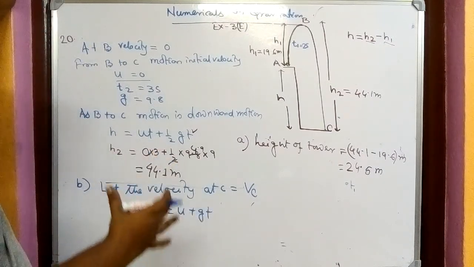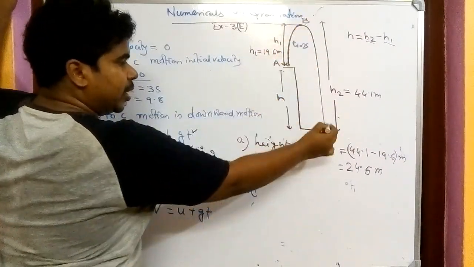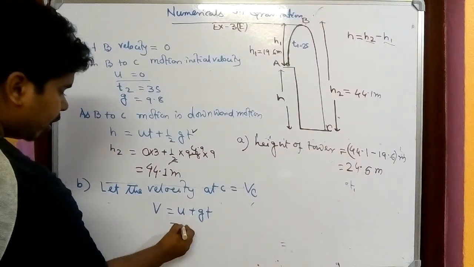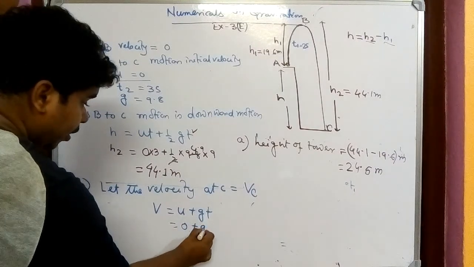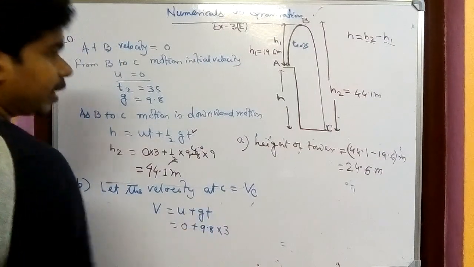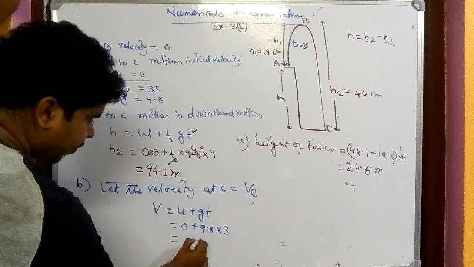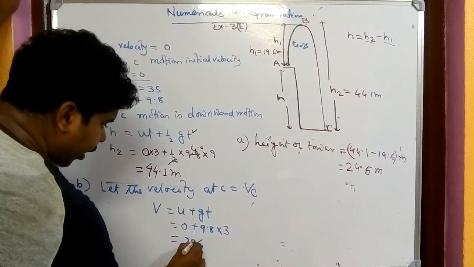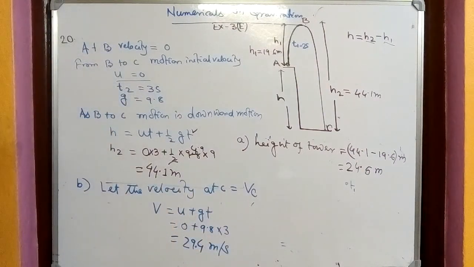We are talking about the motion from B to C. Here the initial velocity is 0, g is 9.8, and t is 3 seconds, because to reach from B to C it will take 3 seconds. Multiply, and we get 29.4 meter per second. So it is the final velocity whenever the ball reaches the ground.